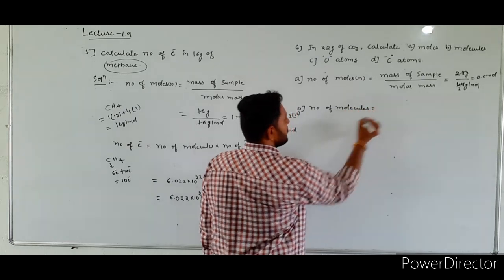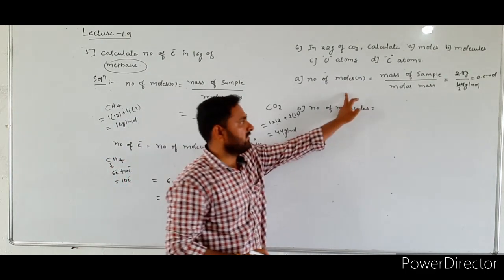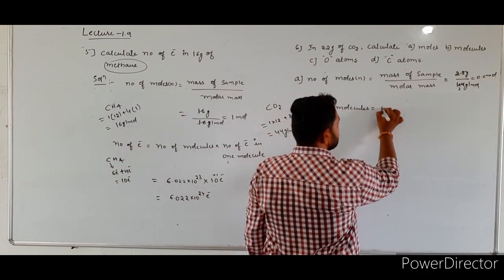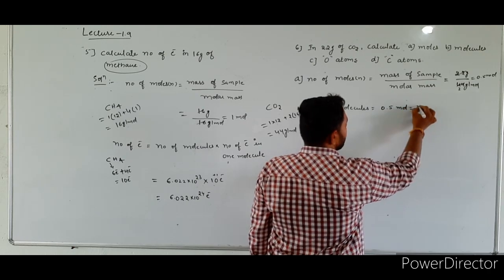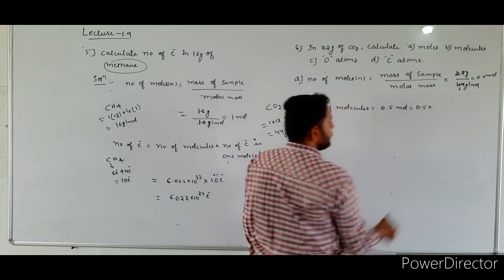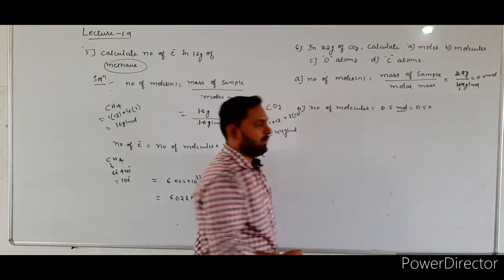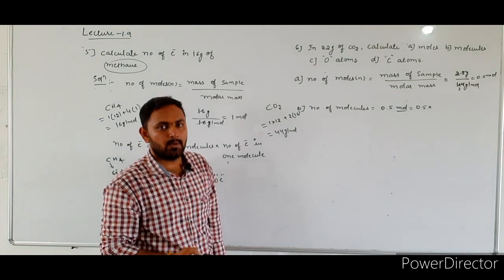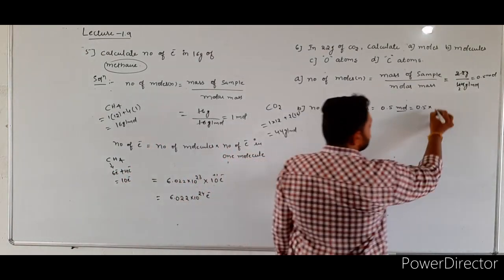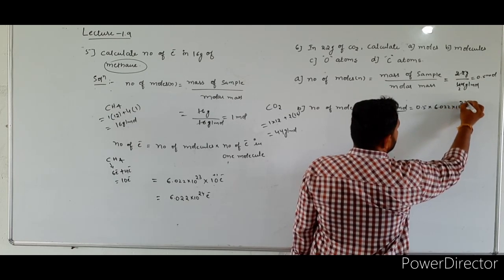How many molecules are present? The number of molecules is equal to the number of moles. How many moles are there? There are 0.5 moles, right? 0.5 into 1 mole. This is mole, right? 1 mole is equal to how many molecules? 6.022 into 10 power 23 molecules.